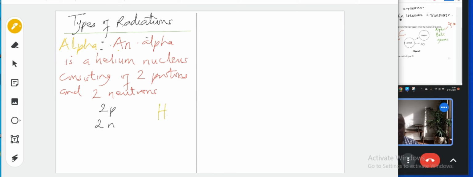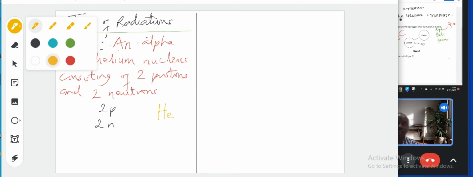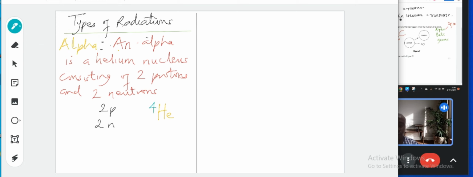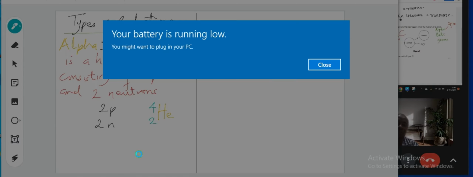There are many ways you can represent it. Helium. If something has 2 protons and 2 neutrons, what's the mass number? 4. So that's why it's 4. What's the proton number? 2. That's why it's 4-2.